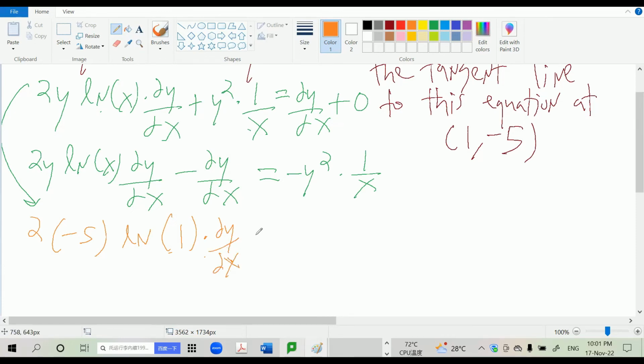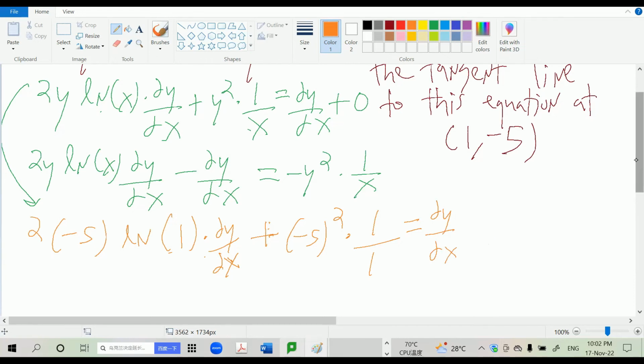Then we will add, we still do the add part. So the y squared now, the -5 will go in for the y, correct? So that would be -5 to the power of 2, and then times 1 divided by x, which is 1. That's all equal then to this thing still, dy over dx, right?